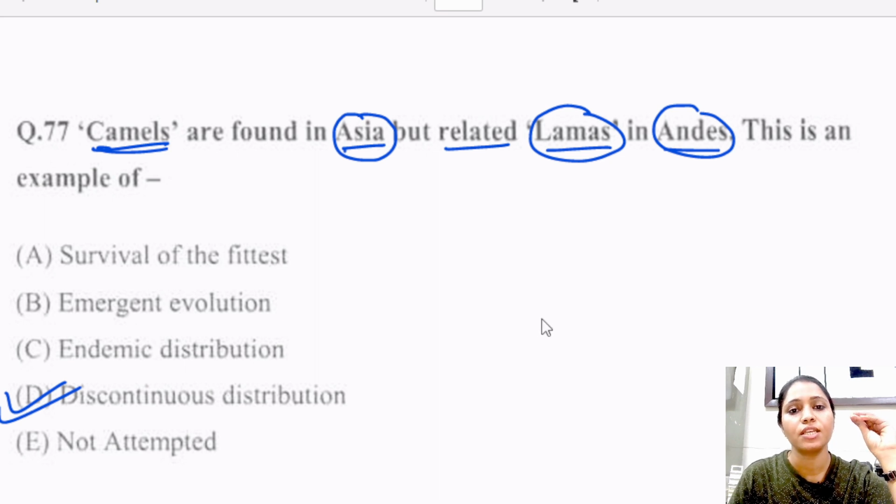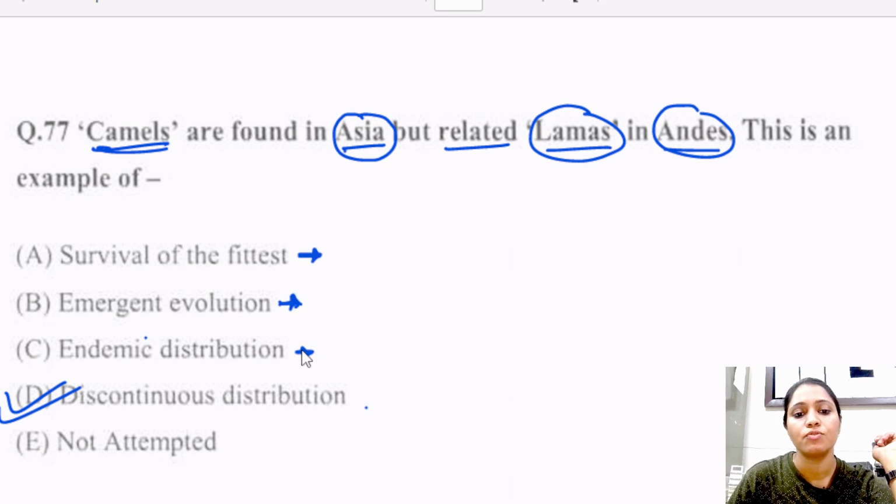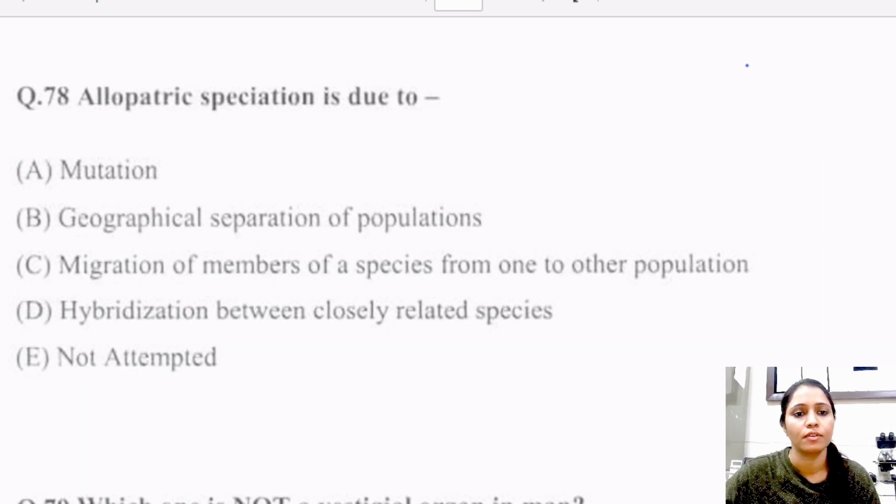And these species are descendants of a common ancestor also. Species which are restricted to a particular area are known as endemic species, like kangaroos, which are only found in Australia. This is a well-known example of endemic species. So option D is the correct answer for this question.